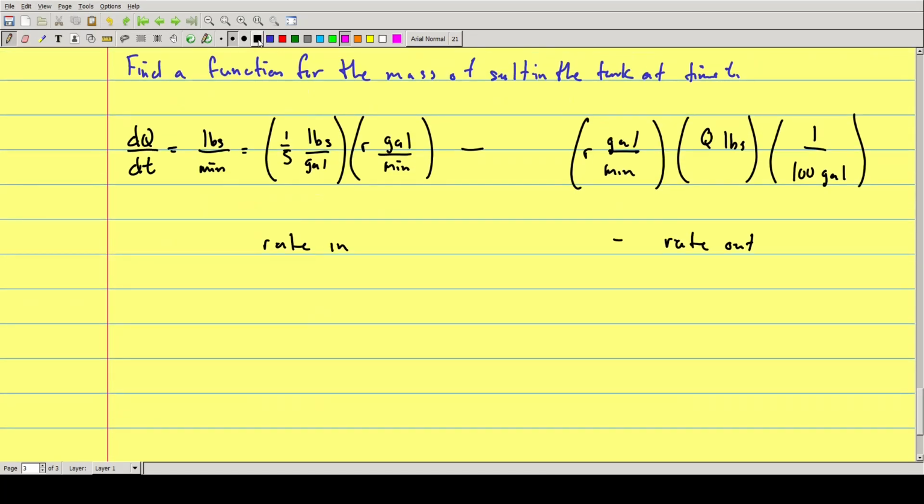Okay. So we can simplify what this looks like to put it into this form, okay? Or if we want to do a little bit of factoring, we can write it like this.